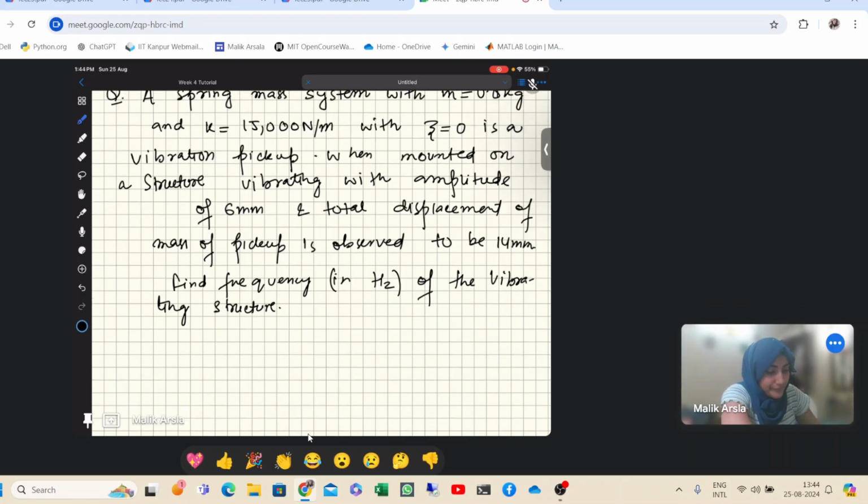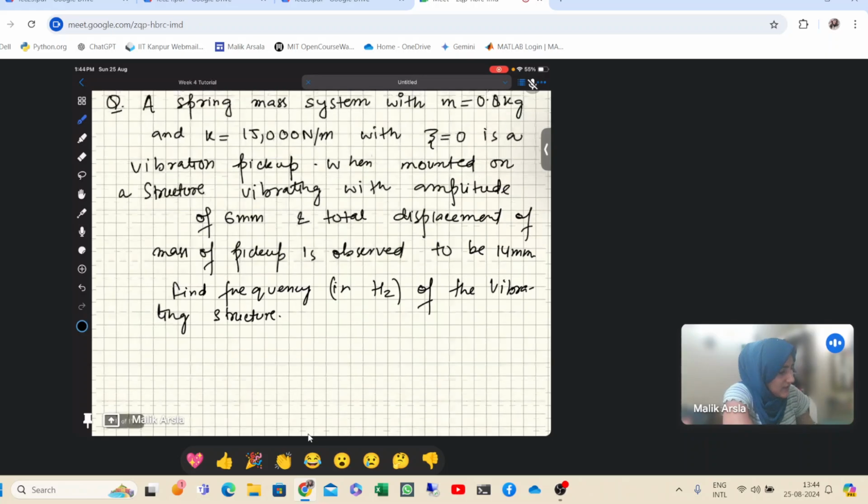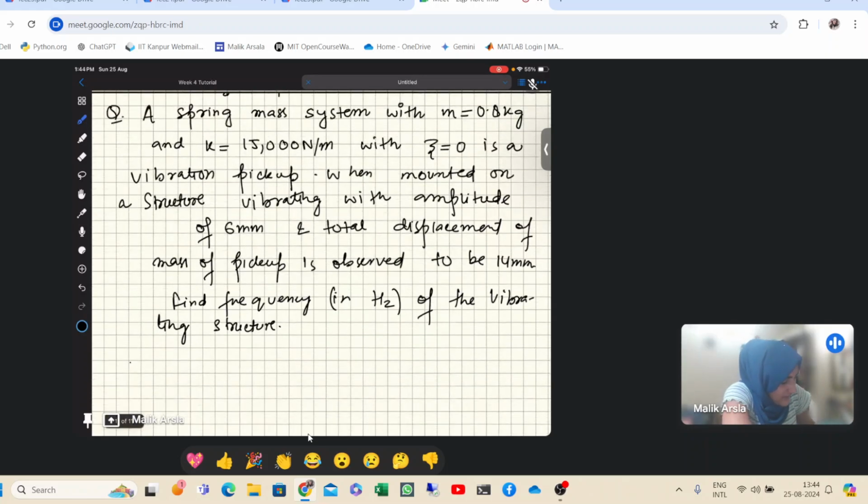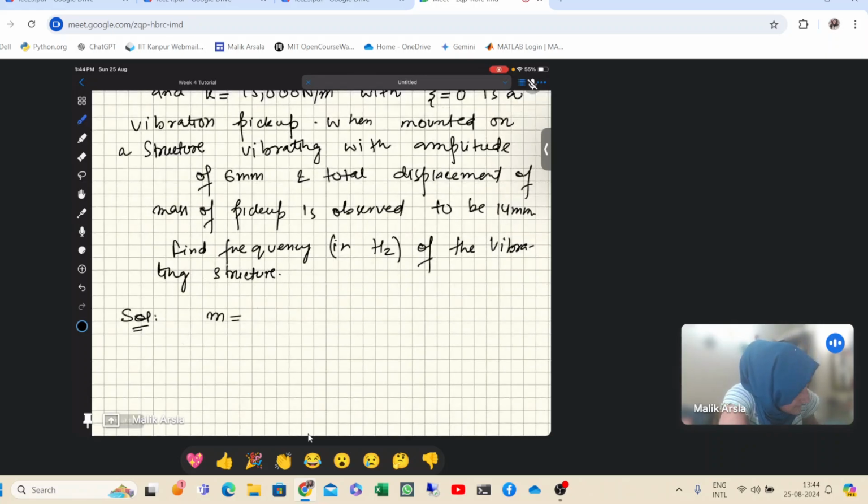So basically, let me make the information simple for you. If you are not able to gather it from the question, it's mentioned that our spring mass system has a mass of 0.8 kg and a spring constant equal to 15,000 Newton per meter.